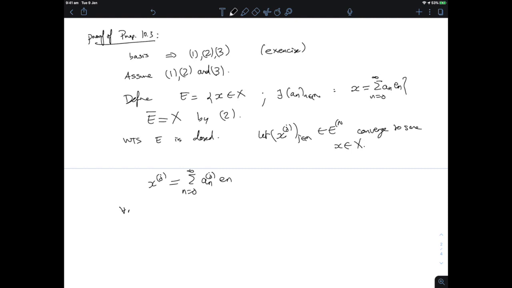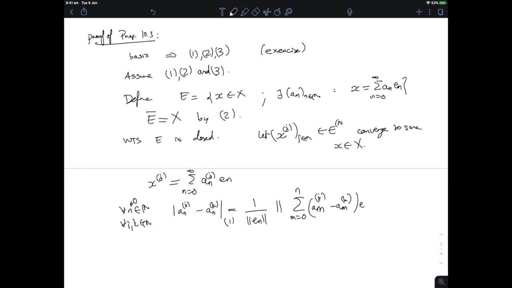Now if I take any n, I can look at an^j minus an^k, for any j, k in N, and I can say that this is 1 upon the norm of En, which cannot be 0 because of property 1, times the sum from m equals 0 to n, let's do that for an n that is non-zero, of am^j minus am^k times em, minus the sum from m equals 0 to n minus 1 of the same thing.